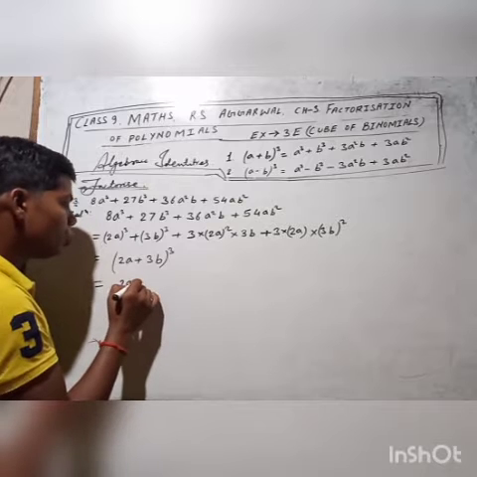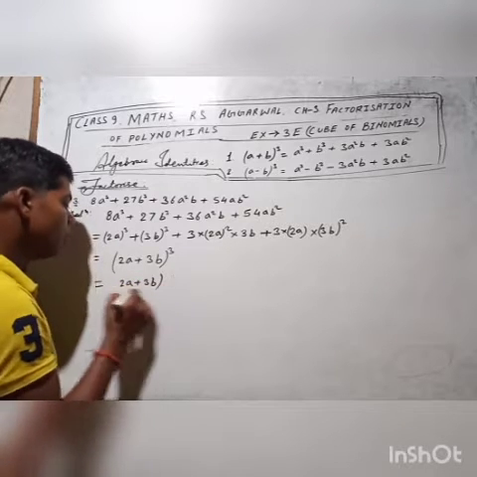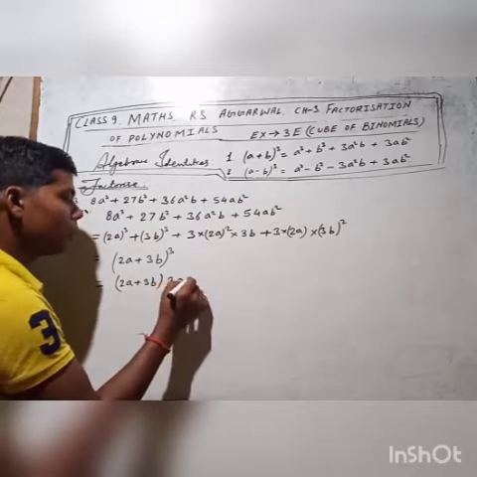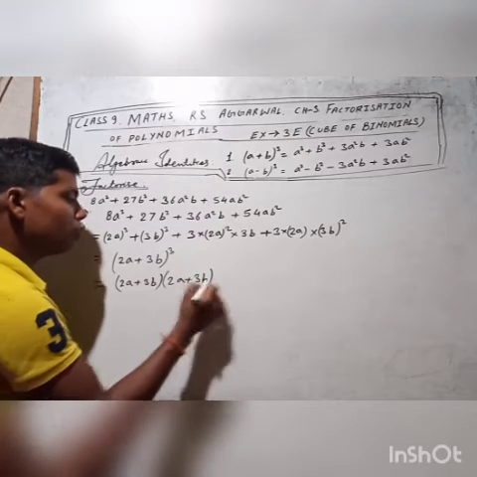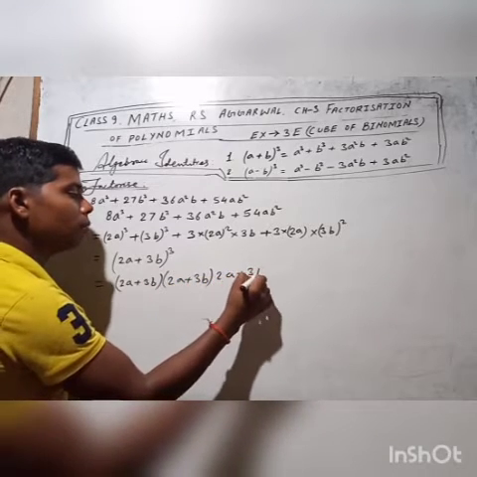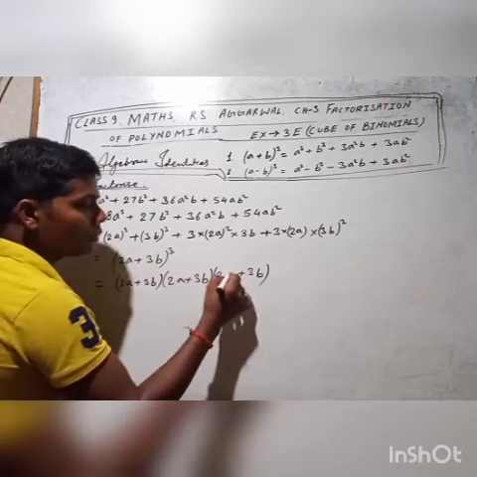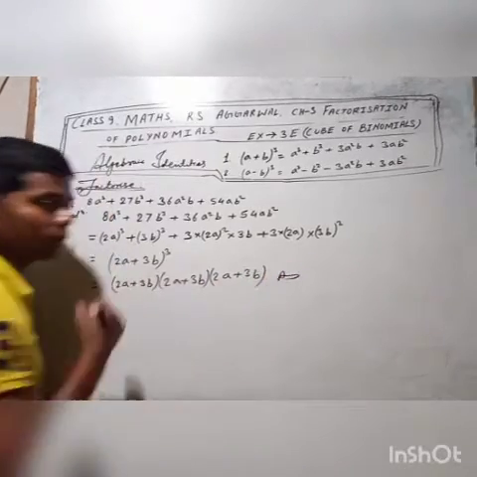So we will get (2a plus 3b) into (2a plus 3b) into (2a plus 3b), and hence it is the final factorization.